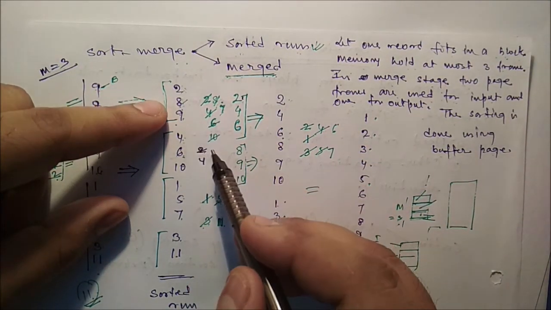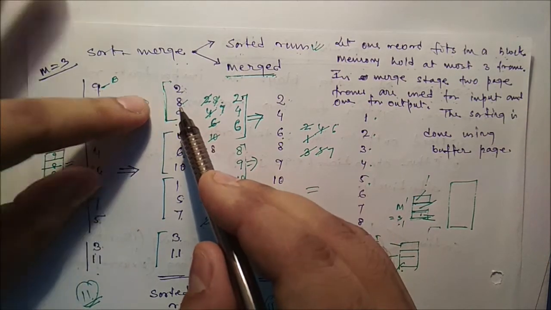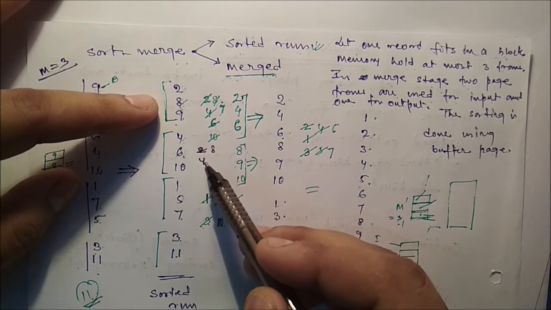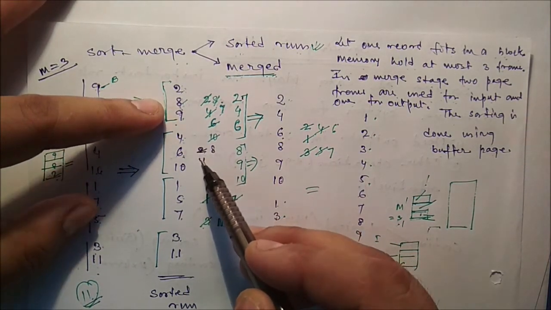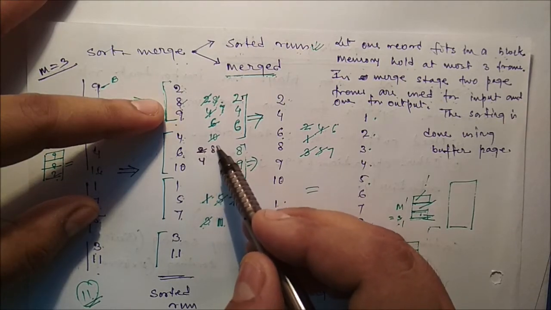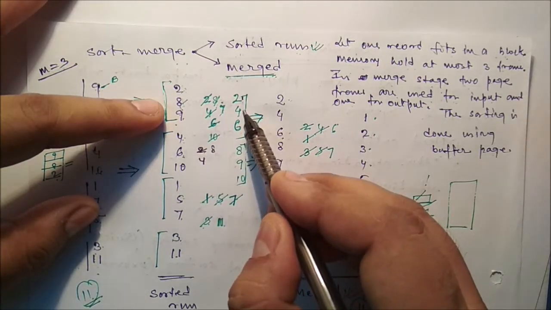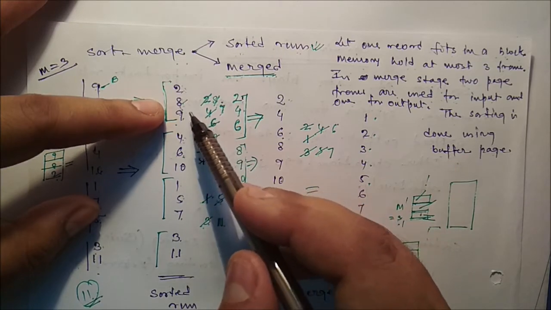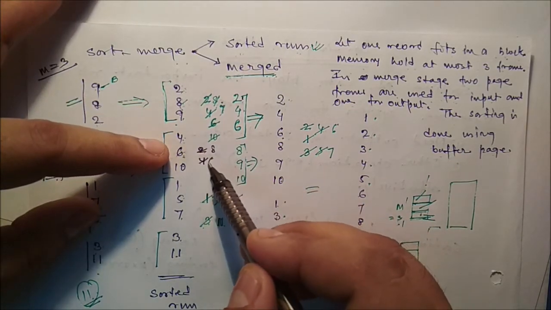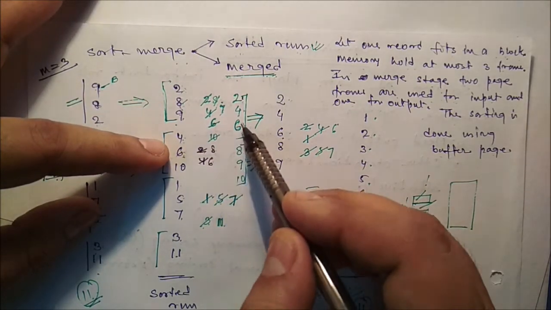Next take the 8. After taking the 2 inputs 4 and 8, sort this and take up the minimum one. So 4 is the minimum, pick it up, and then take the 6. Compare these two, pick up the minimum, 6.